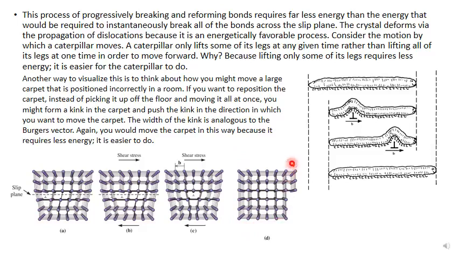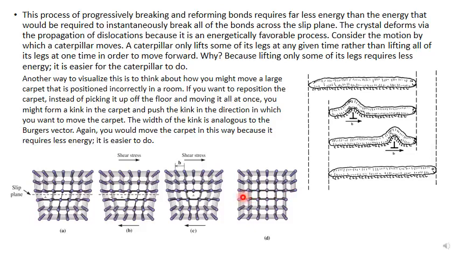Let's propose that we've got a perfect crystal structure. Perfect. Ignore this line here. When we apply a shear stress on this crystal structure and we need to change its shape, what we need to do is break all the bonds between these atoms, all the bonds here, which is 1, 2, 3, 4, 5, 6.